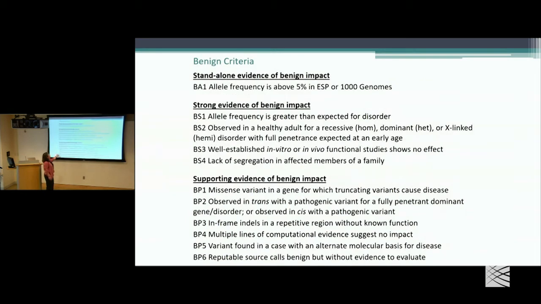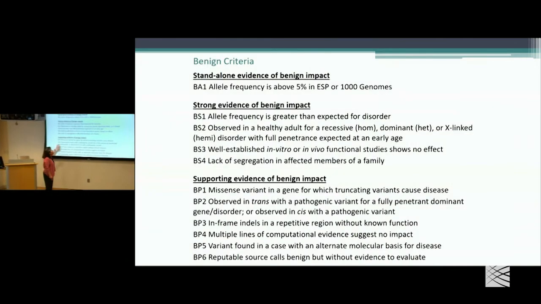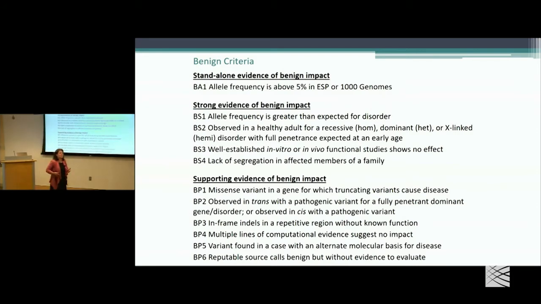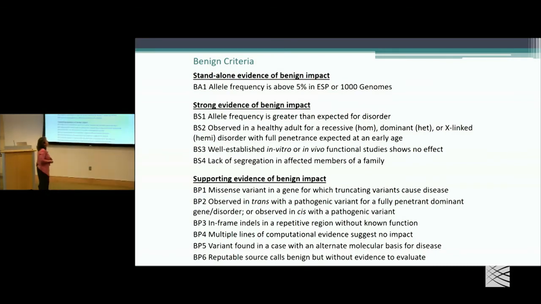We did the same for criteria we use to call things benign, and 3 levels. Standalone, that's really just the frequency is so high it is impossible to cause this disorder with a prevalence of X and a penetrance of Y. Or strong or supporting. And so we're going to go through, probably don't have time to go through all of these pieces of evidence, but we're going to go through some to kind of get a sense of the kinds of evidence we're using and how we're using it in different ways to interpret variants.